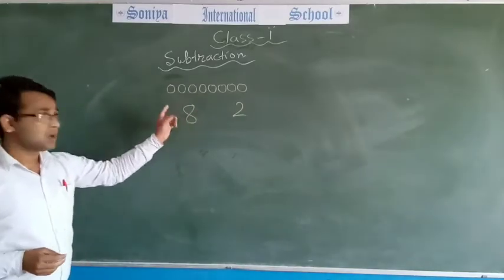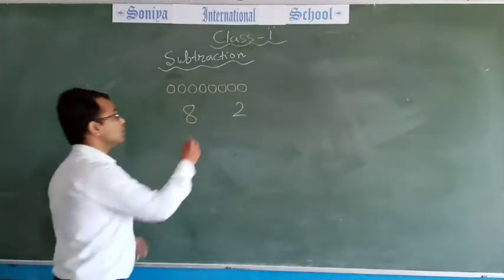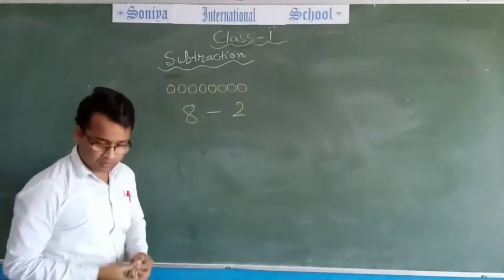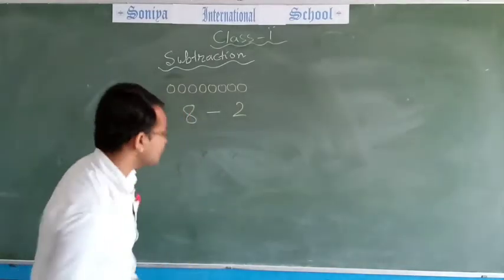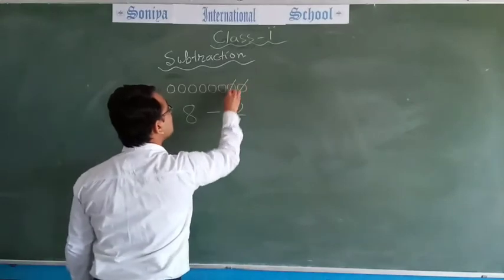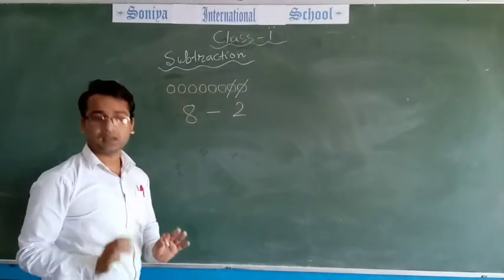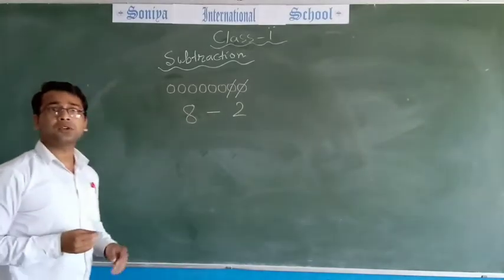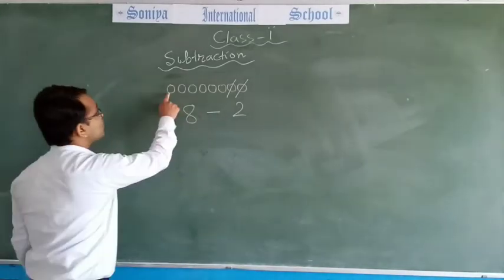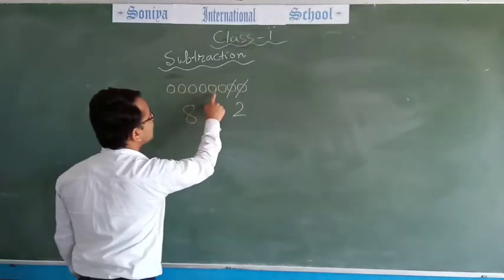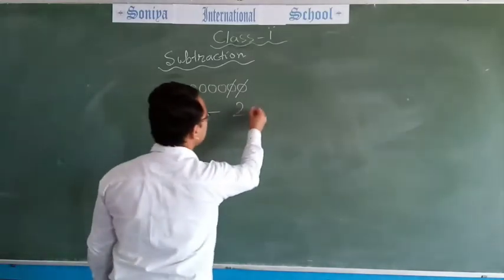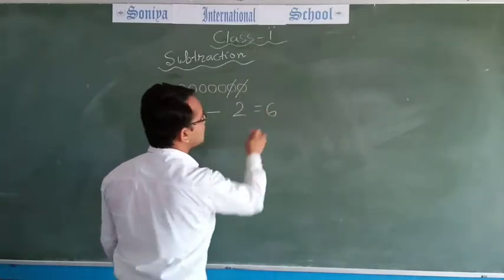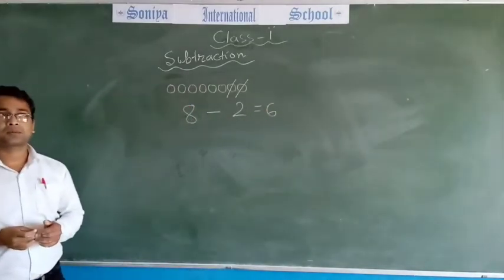Then 8, 2 marbles, then minus sign. 8 minus 2. 2 marbles, then 1, 2. Is that clear? Yes. Then 8 minus 2 is equal to, let's count, 1, 2, 3, 4, 5, 6. 6 marbles. 8 minus 2 is equal to 6.